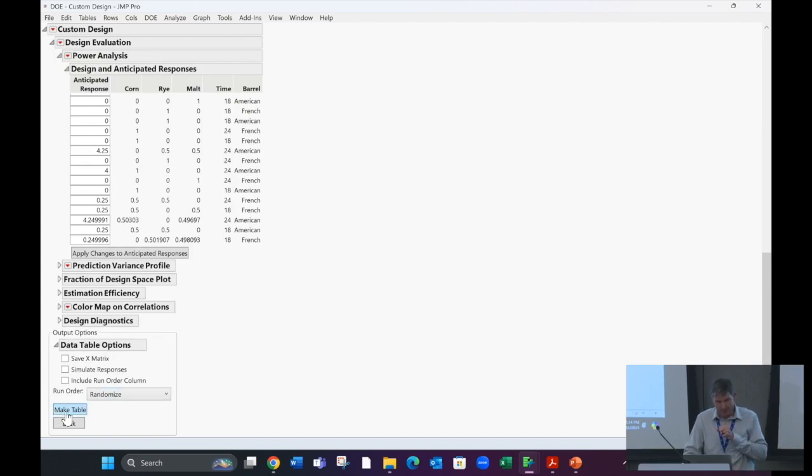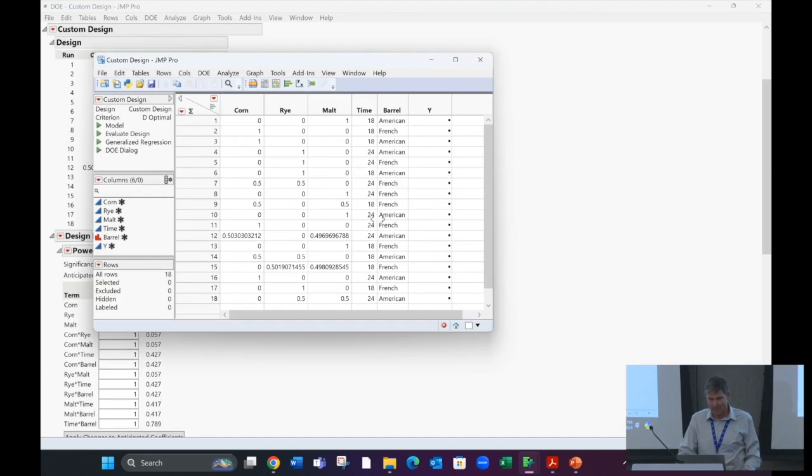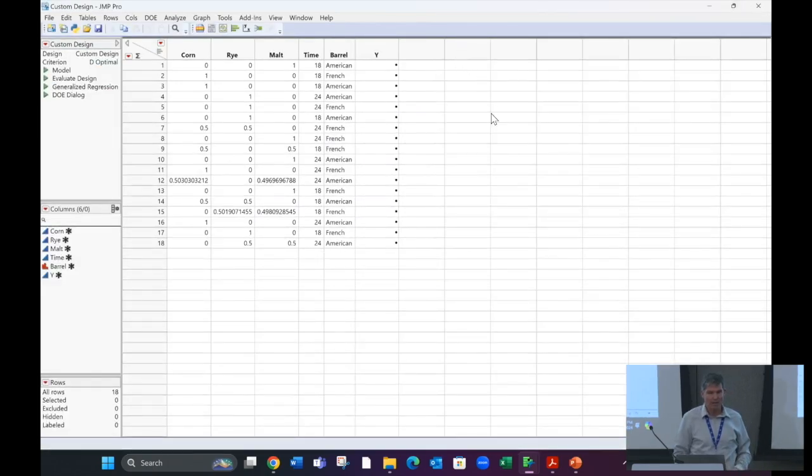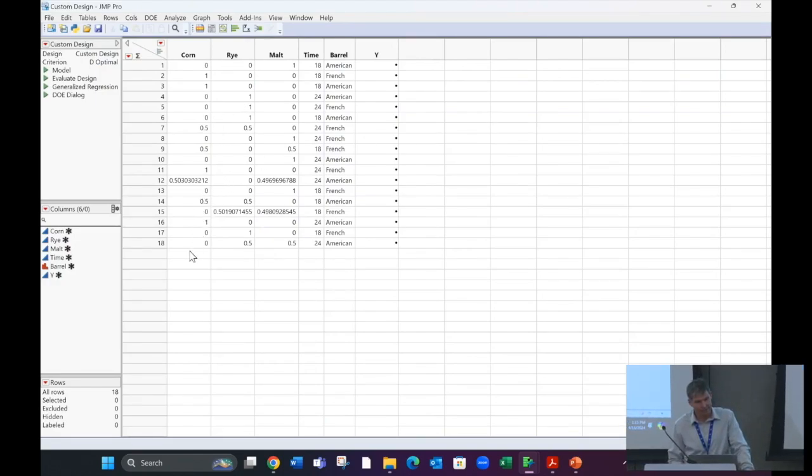So now I can go ahead and make the table here, and then away I go. But what is of note in this D-optimal design is you'll see that it really didn't like anything in the middle at all. In fact, there is no single run in here that has all three of the components in it.